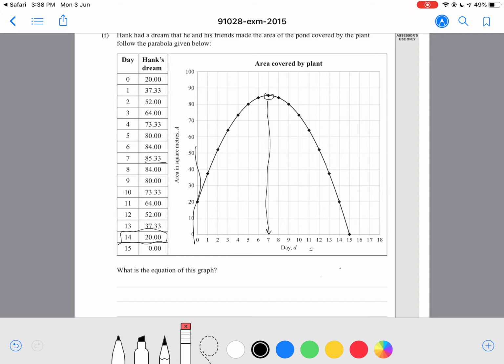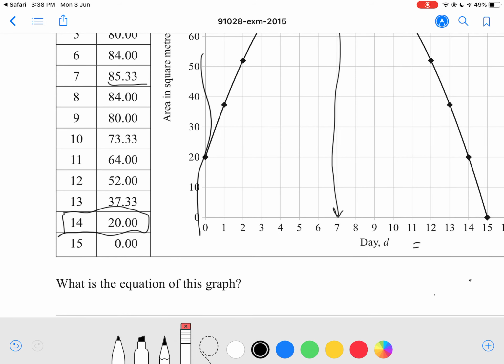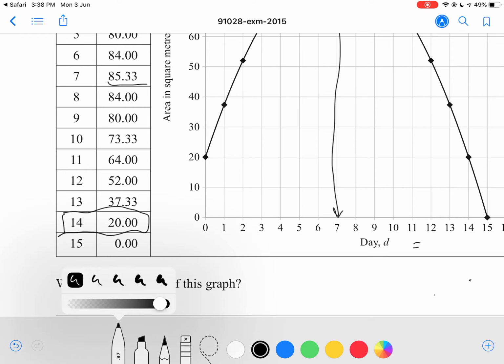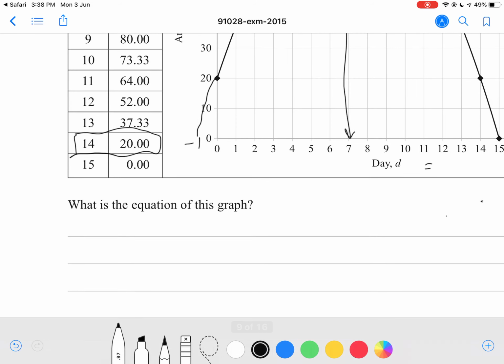As you can see, this graph is gonna continue down. It's going to end up at negative 1. So it's gonna touch the x-axis at x equals negative 1. Therefore, we're gonna say y equals a(x minus p)(x minus k). p and k are our x-intercepts.